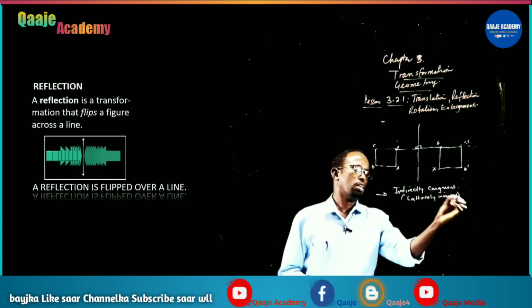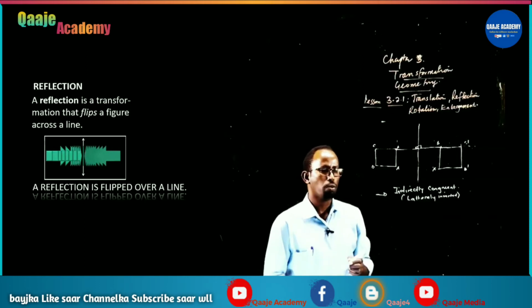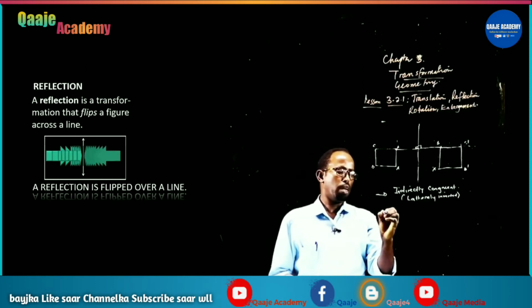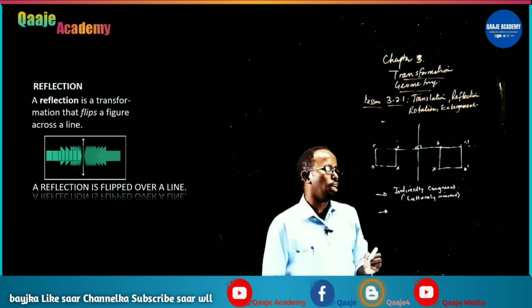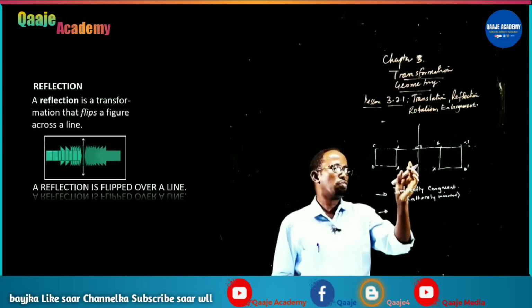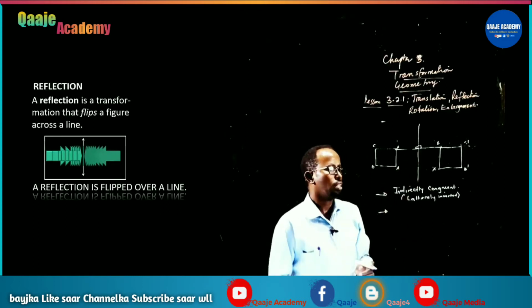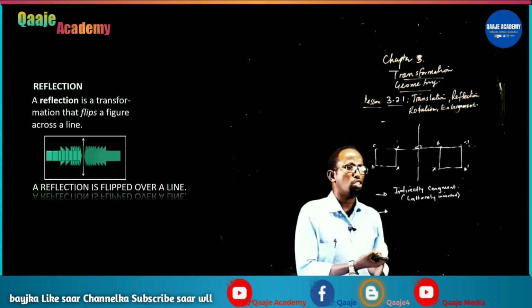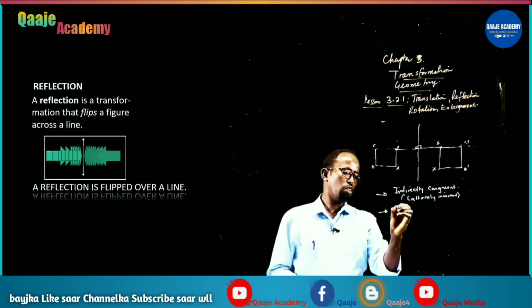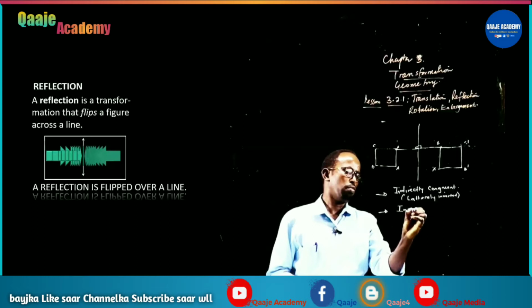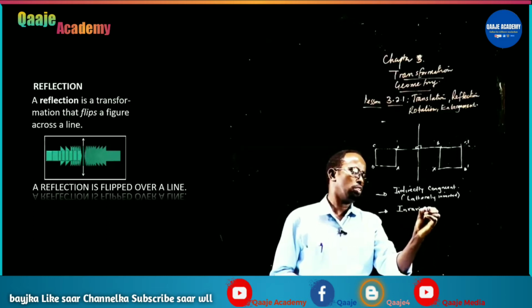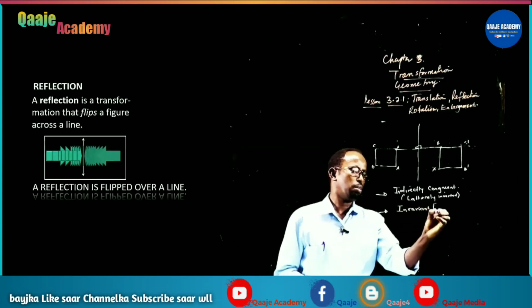So that is what indirectly congruent means. Another characteristic of reflection is that points on the object are invariant. We have what is known as the invariant point. Invariant here means fixed point.